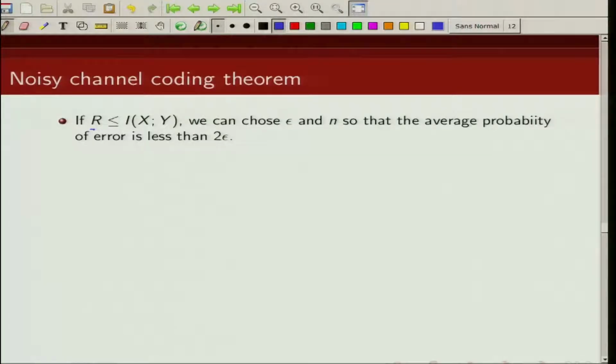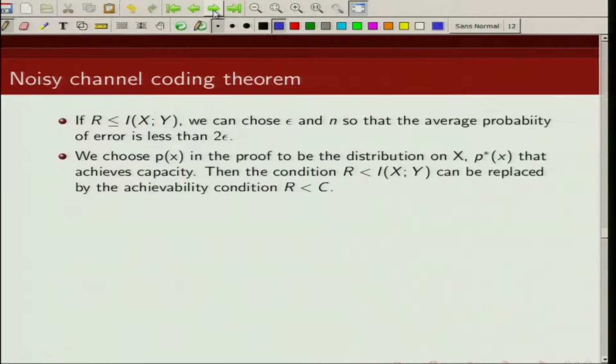Now we can tighten this a little bit. If we take R to be less than or equal to the mutual information, we can choose our epsilon and n such that the probability of error is less than 2 times epsilon.